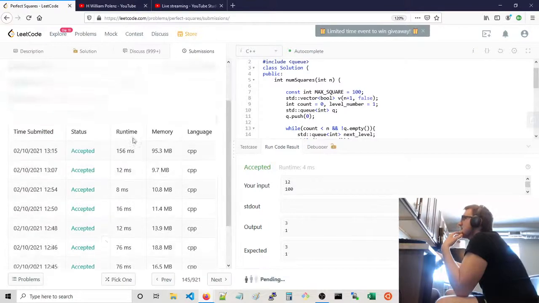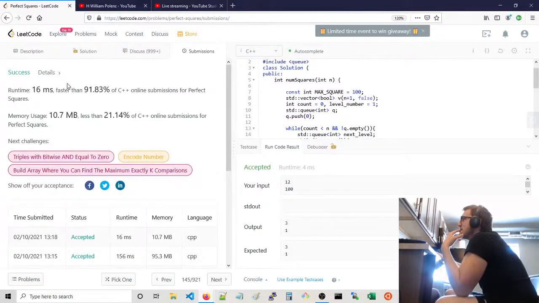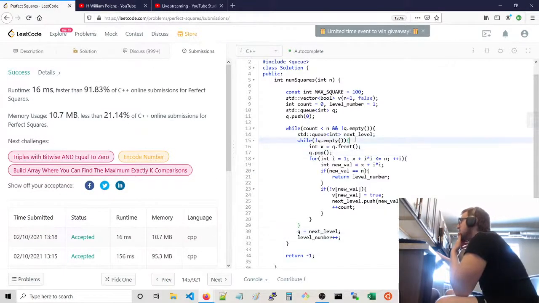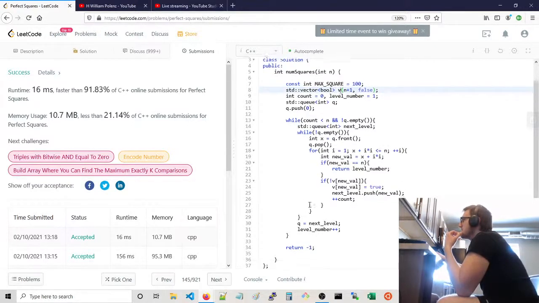Was this the one? Yeah, this is pretty good. I like this one. Two queues, one is a level, one is not. Got a level number to keep track of, and you keep track of which values you've already seen.